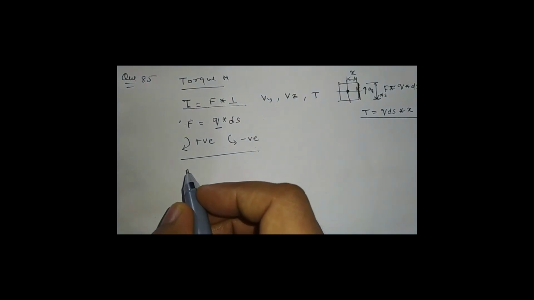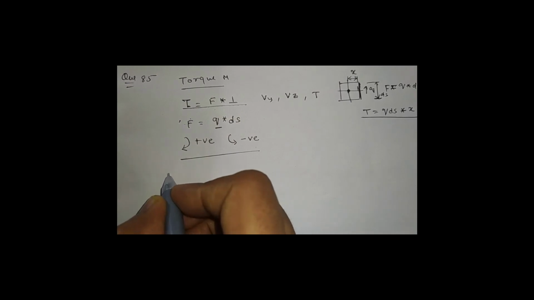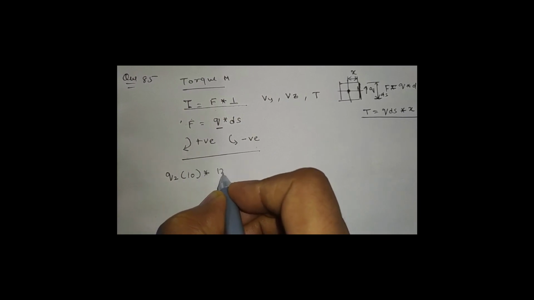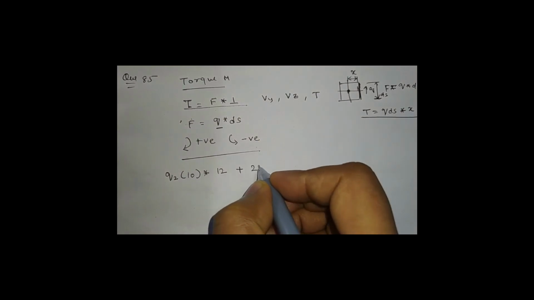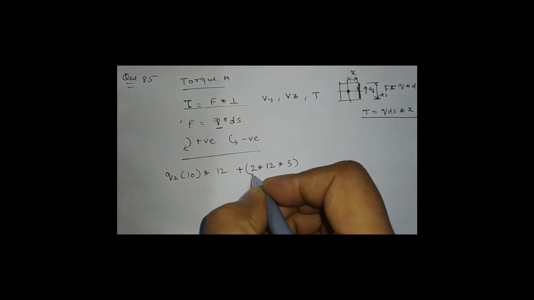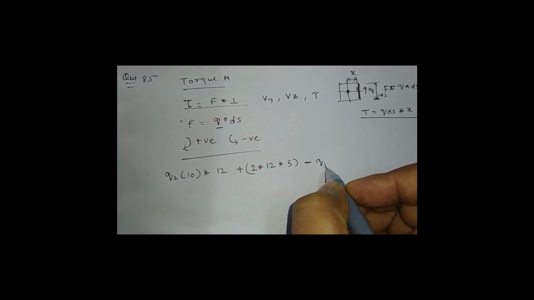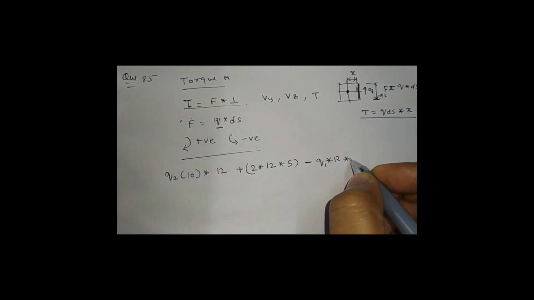So the moment at the shear center due to shear flow Q2 will be equal to 10 multiplied by distance 12 and 2 multiplied by 12 into 5, minus Q1, that is in the opposite direction, Q1 multiplied by the distance 12 and the perpendicular distance 5.